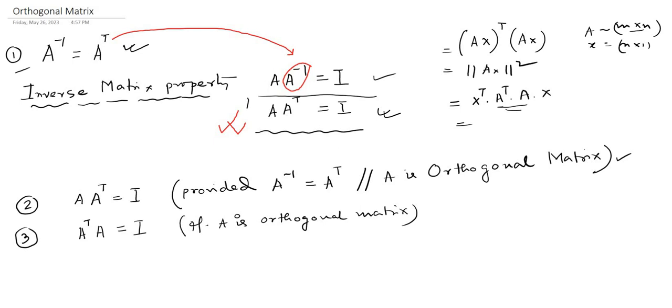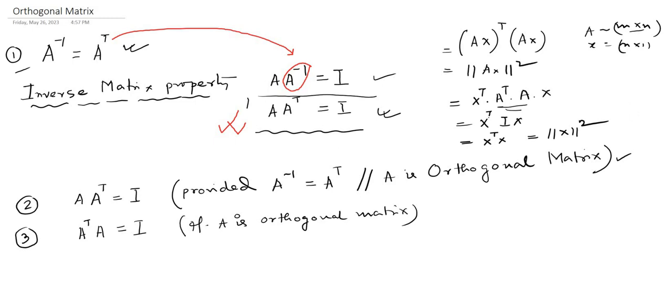So that means it will be X transpose I X. Hopefully up to this it's clear, right? And the transpose and identity matrix will be the same, so this will be X transpose X, which is nothing but the norm of X square. Clear up to this?